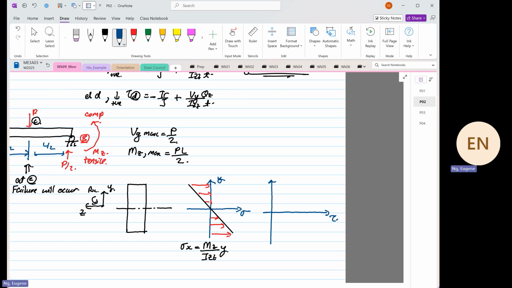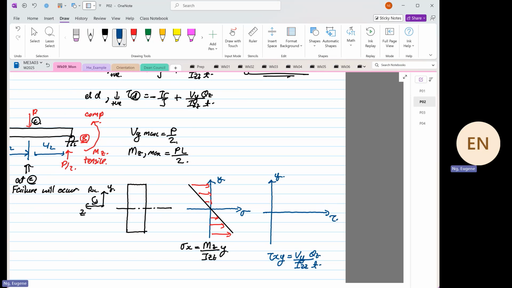Now, the next formula that we are going to sketch is our shear stress, and this is our Y. The shear stress that we're going to plot: the intersecting plane is X, and the direction of the shear stress is Y. So this will be equal to Vy over Izz, Qz over t. So how does this look now?